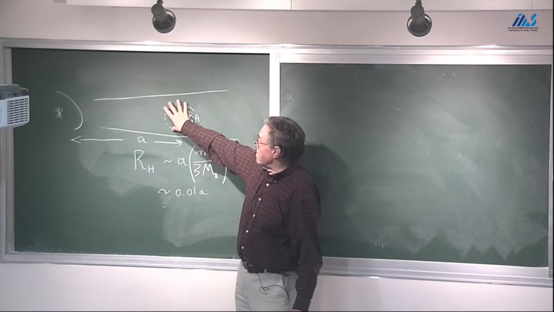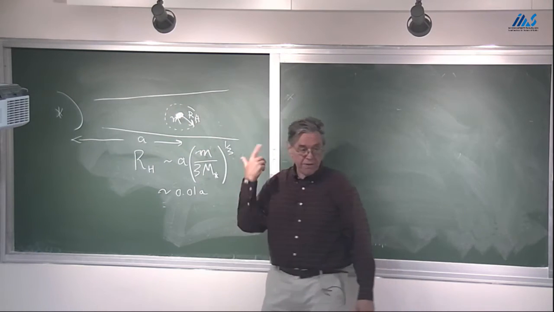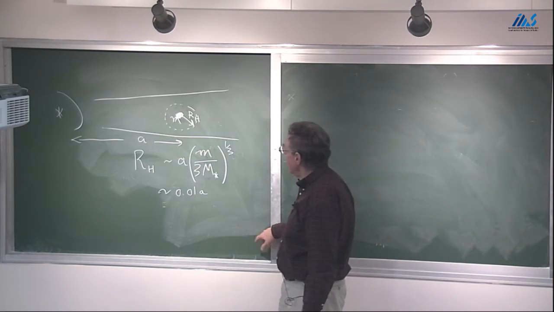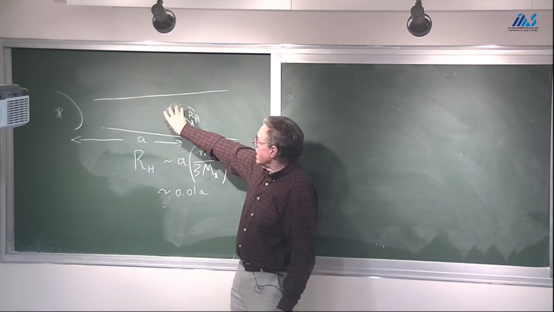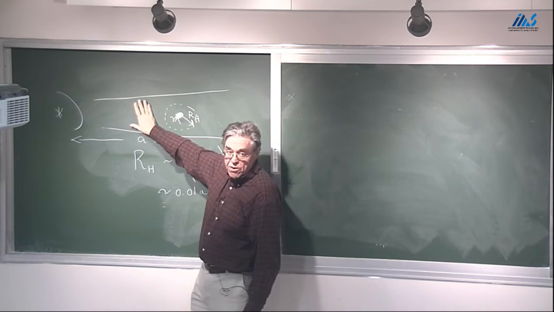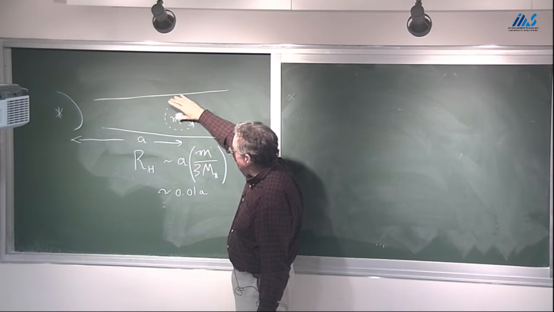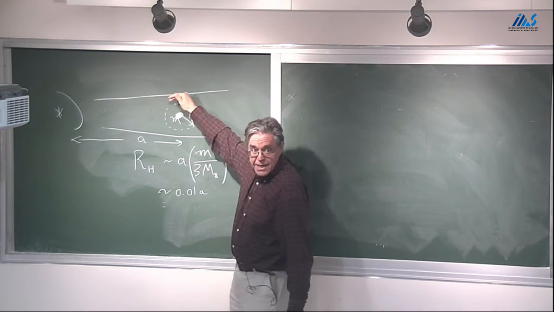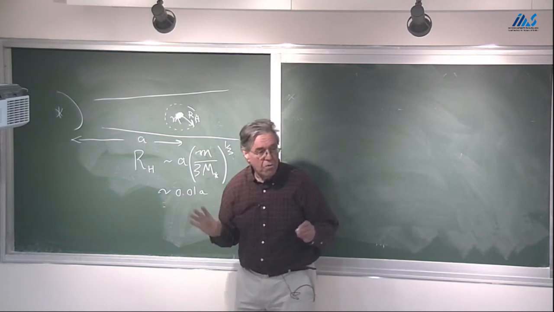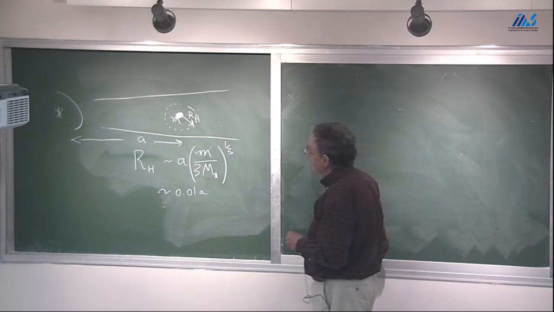Now, we may eventually get to cases where this local way of thinking about things will break down. But for the moment, I want you to accept the idea that I can consider the behavior of the gas near here, not worry about the fact that the disk is Keplerian, not worry about the fact that maybe at some point the Hill sphere may intersect or at least go to regions of lower density, not worry about rotation, not worry about angular momentum or anything of that kind.